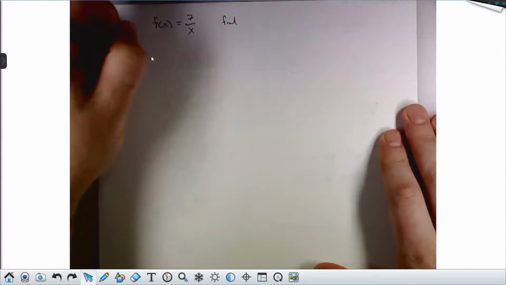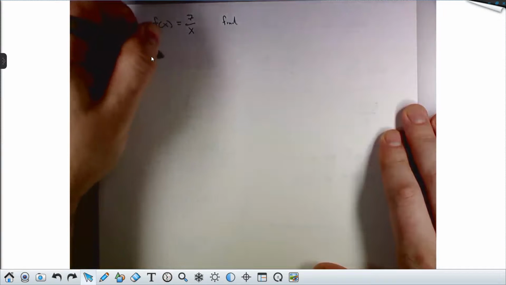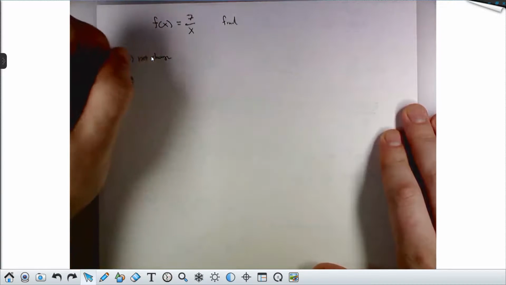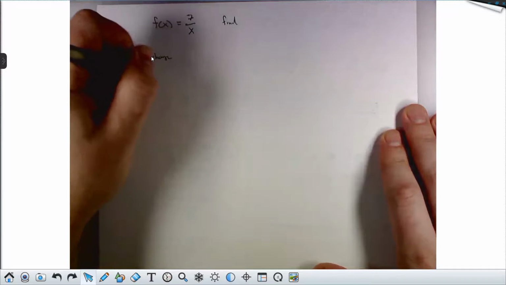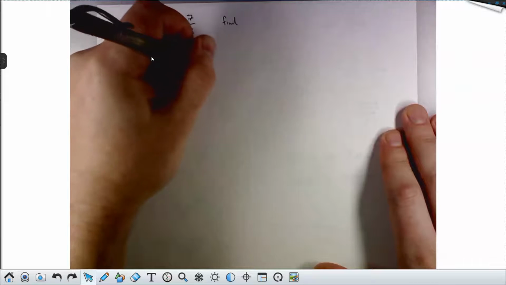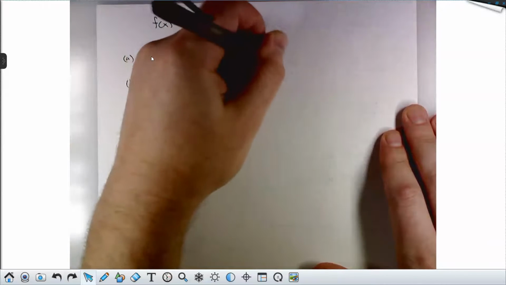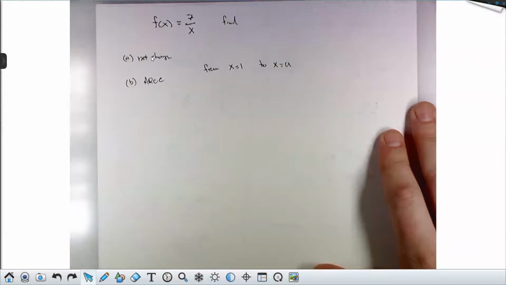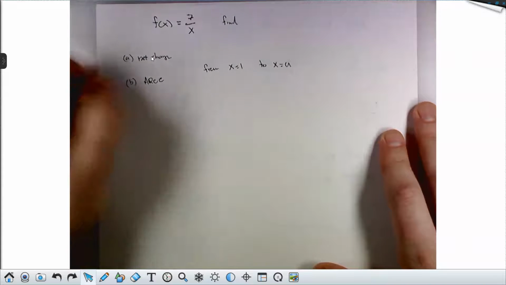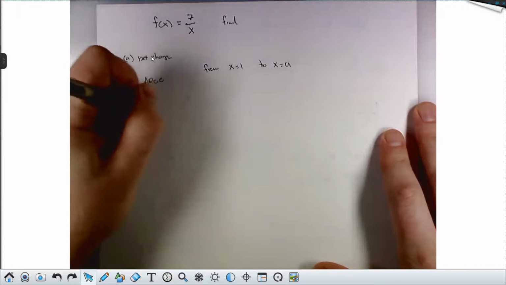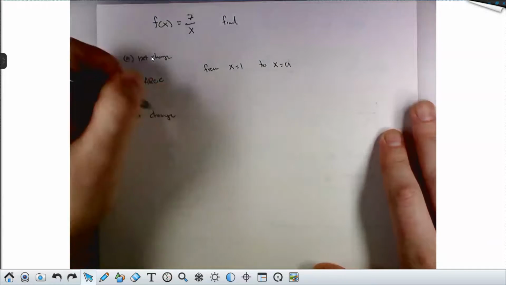So f of x is 7 over x, and we want to find the net change and average rate of change, both from x equals 1 to x equals a. So in part A, the net change, do you remember what the definition of net change is? What do we need to begin with?